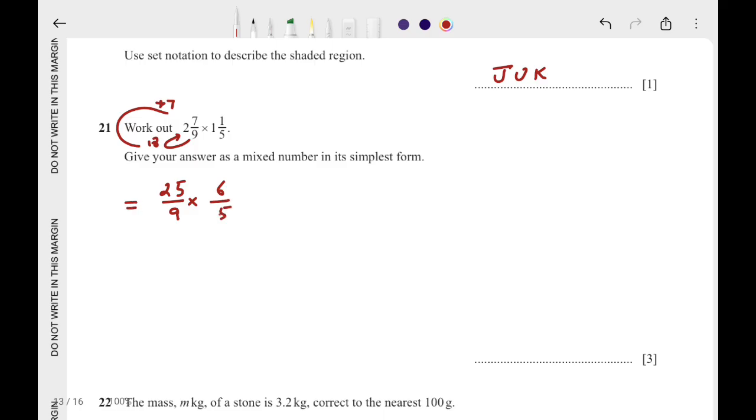We'll simplify. 5 ones are 5, 5 threes, 3 threes are 9, 3 twos are 6. So it will be 10 over 3, and we have to write our answer as a mixed number. So we divide, 3 threes are 9, 1 will be the remainder. So it will be 3 and 1 over 3.